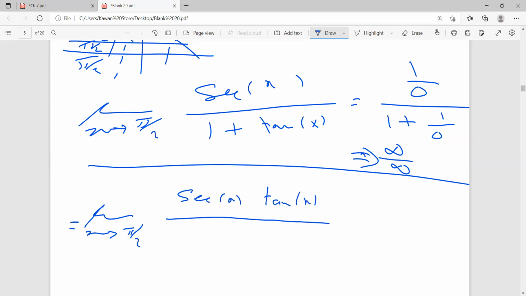Maybe in your mind you see I made it more difficult, but maybe later you'll get something else. So derivative of the denominator: 0 plus secant squared. We got secant squared here.